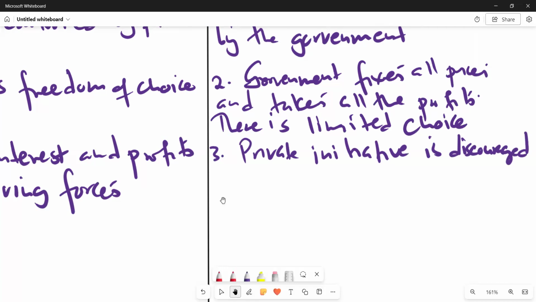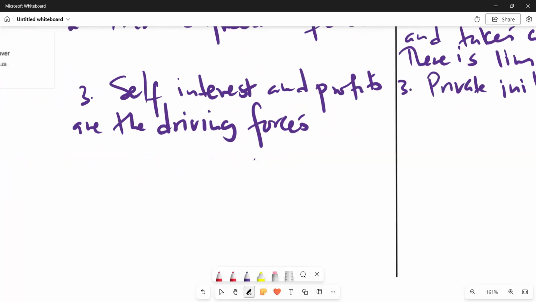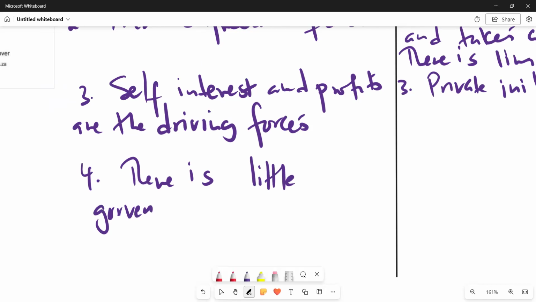And then on the last set of characteristics that we want to compare, number 4, we are saying under free market economy, there is little government intervention.